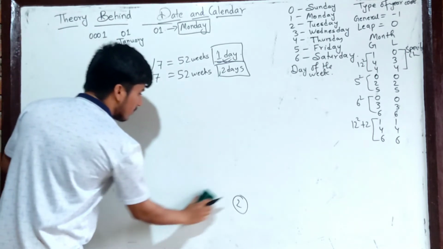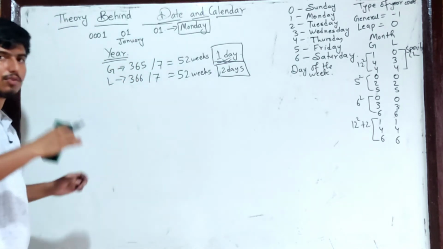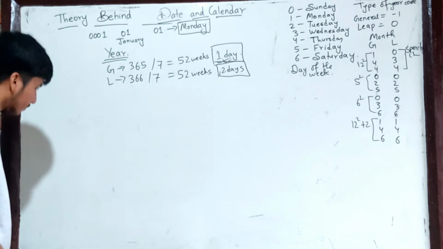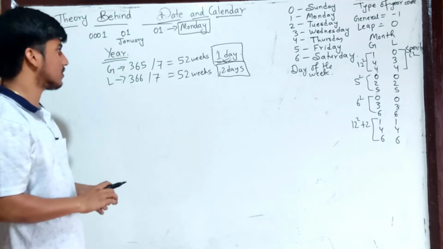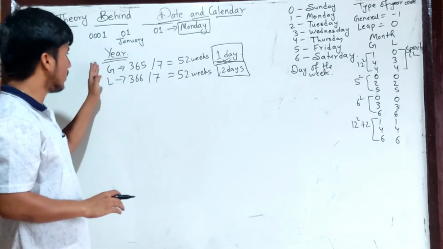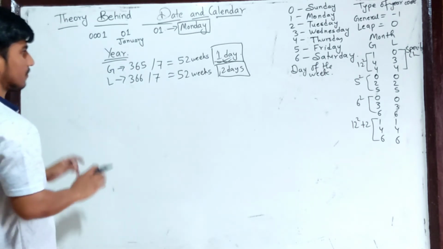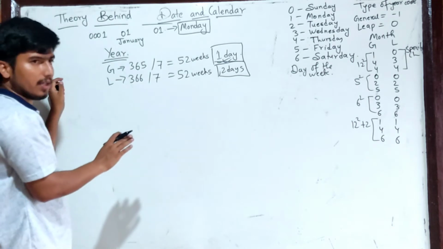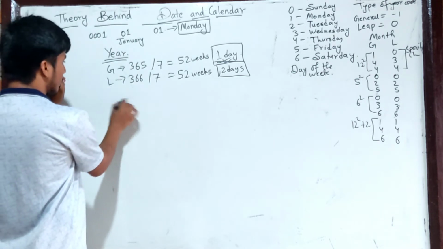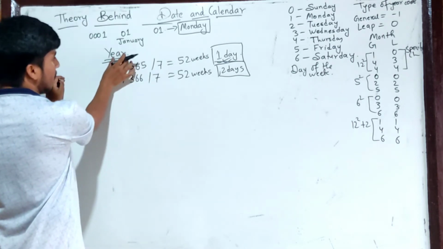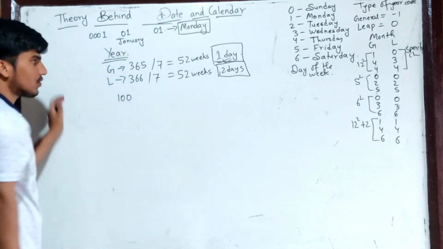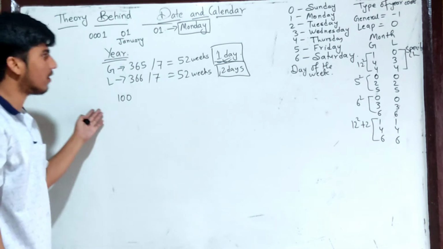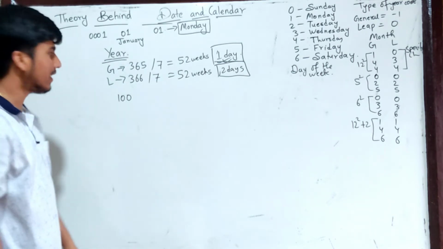Now since we have numbers in more than hundreds and 200s, let's figure out for them also, okay? So let's find out how many odd days there are in century years, right?